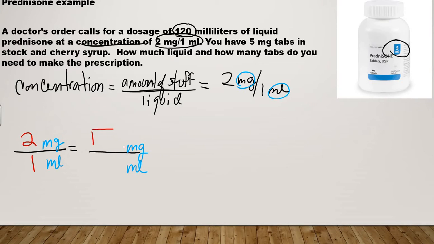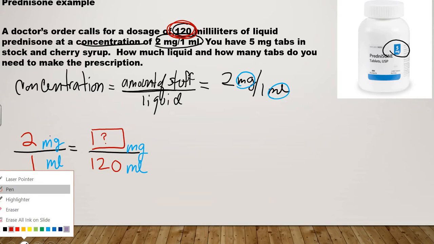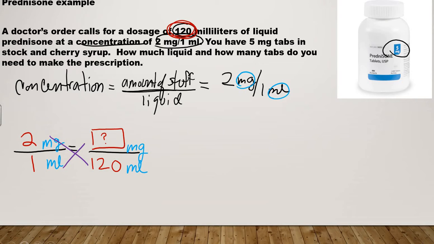First, if we want this particular prescription, 120 milliliters of liquid, how many milligrams of medication do we need? Cross multiply.